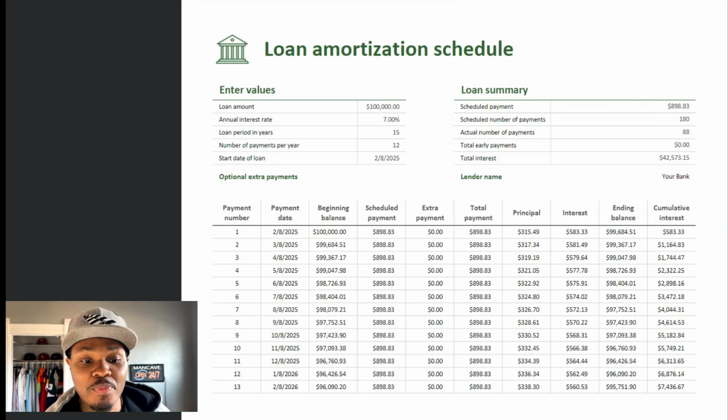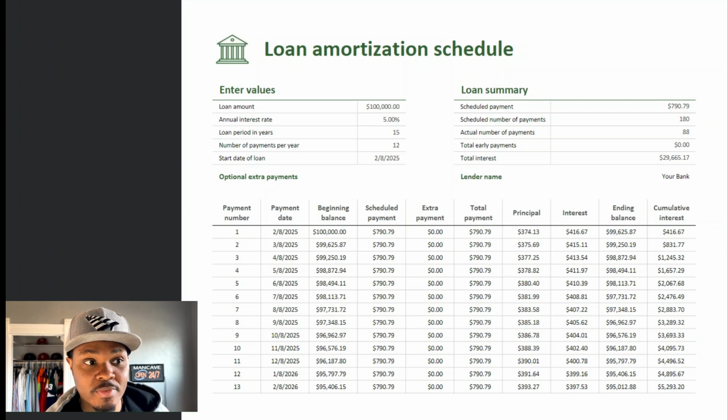And if you did it at 7% over 15 years, your payment would be $898. So the higher the interest rate, the higher your payments would be.